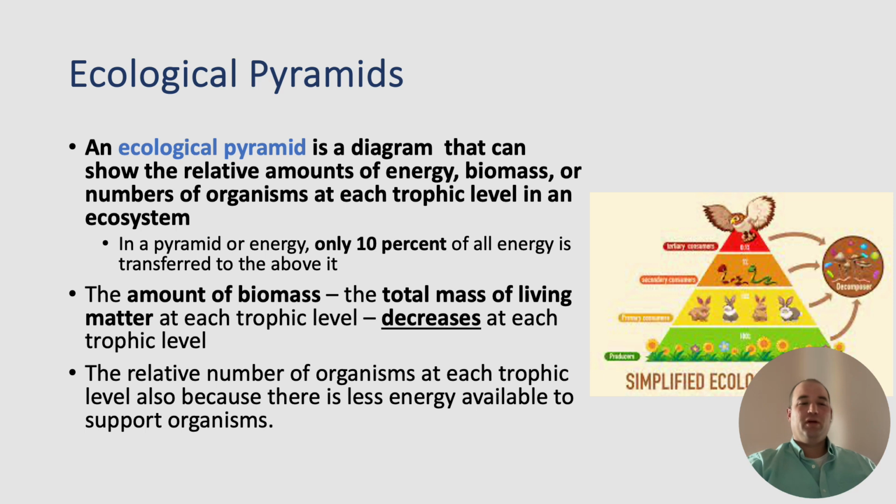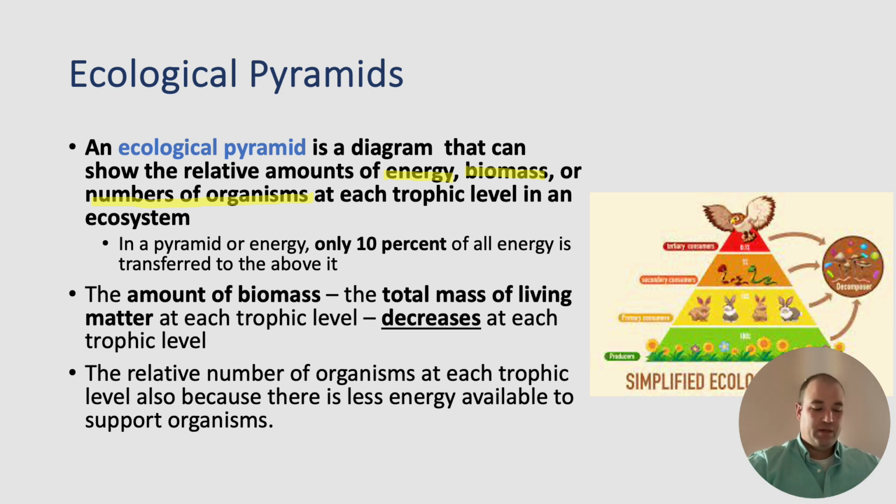So an ecological pyramid is a diagram that can show the relative amount of energy, biomass, or number of organisms that are found at each trophic level. So that's key. It tells us energy available, biomass, which is the amount of mass or amount of organisms available, and the numbers of organisms at each trophic level.